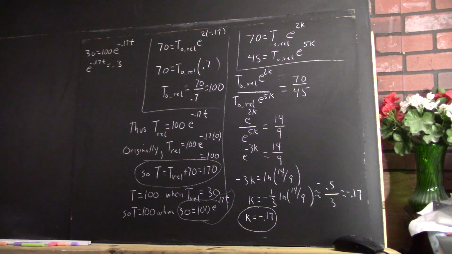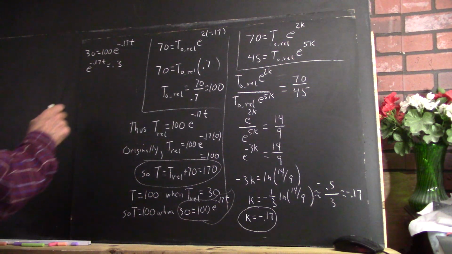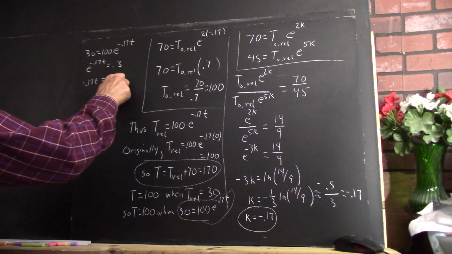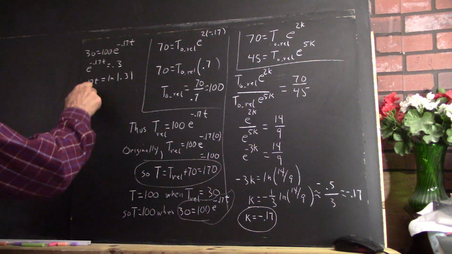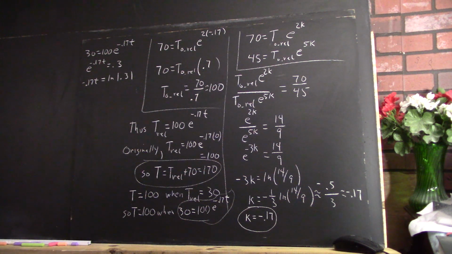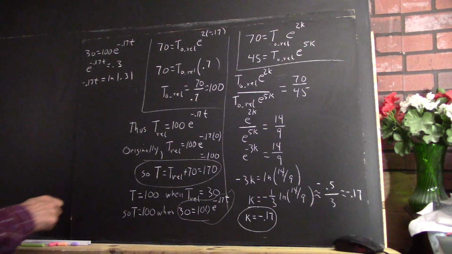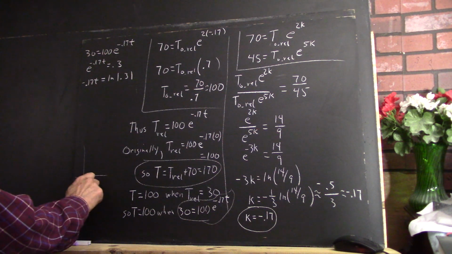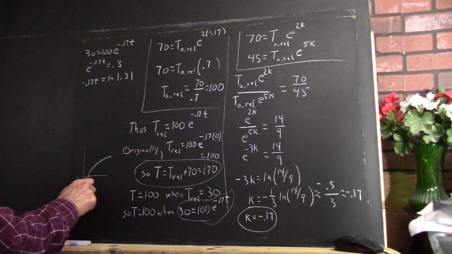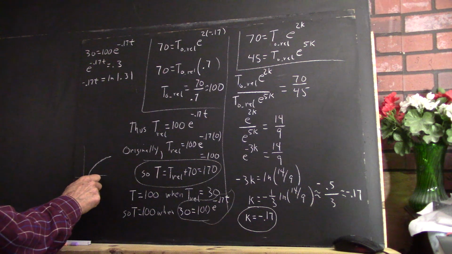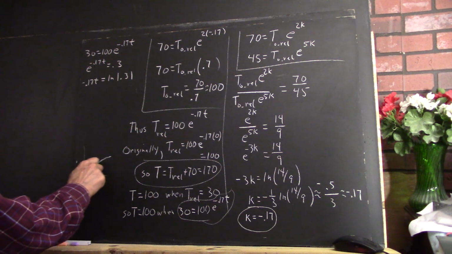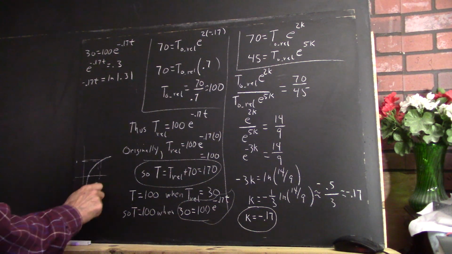And something about that makes me uncomfortable, but it's okay. So negative 0.17 t equals the natural log of 0.3. Now, just showing you how I do my estimates, I just visualize a natural log, maybe here, and we get 1 when this is e.